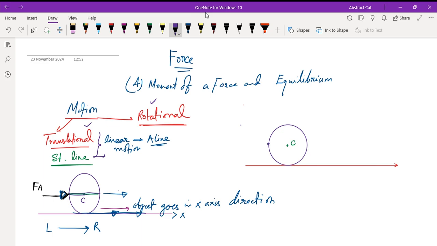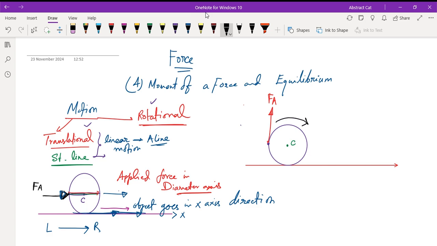In the case of rotational motion, we apply the force tangentially, not diameter-wise. Applying a force along the diameter axis gives translation. But if we apply the force tangentially, then we see that the body rotates.